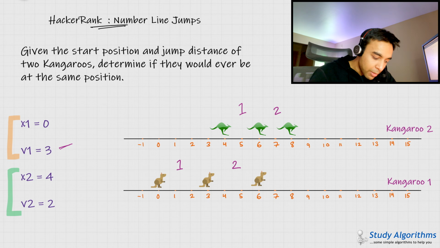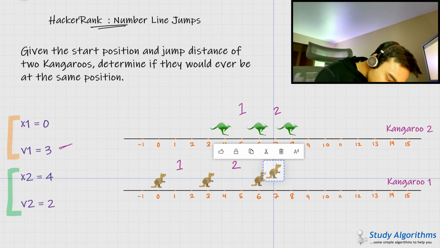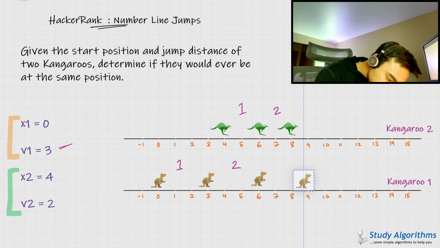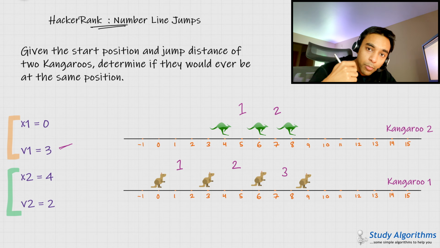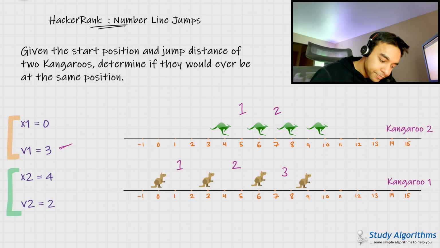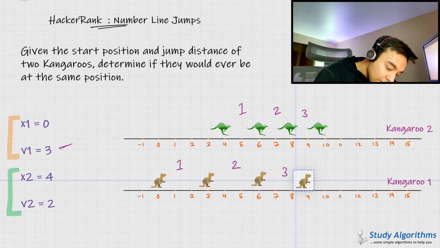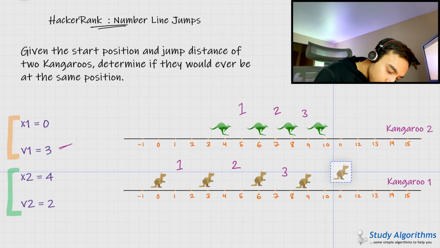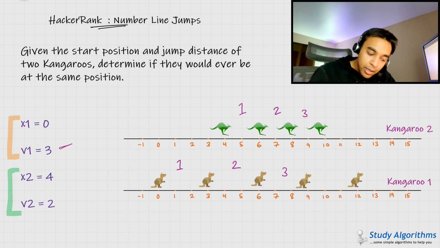Kangaroo number 1 will jump again. He jumps 3 more positions and he reaches position number 9. Kangaroo number 2 will also jump, so he will reach position number 10. After one more jump, kangaroo number 1 jumps 3 more positions and lands at position number 12. At the same time, kangaroo 2 will also make a jump.